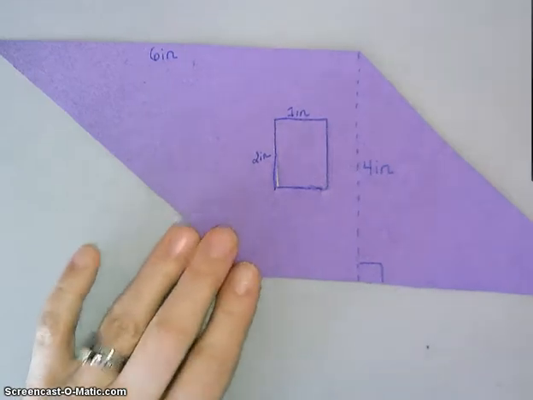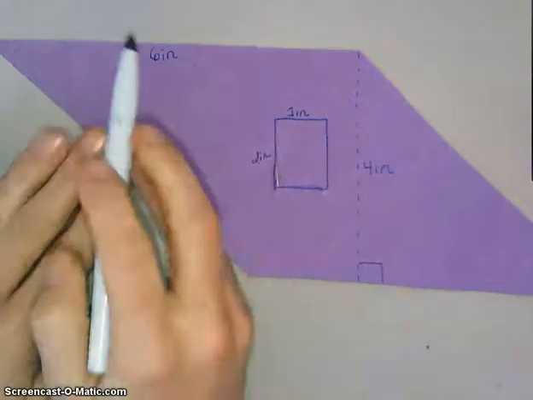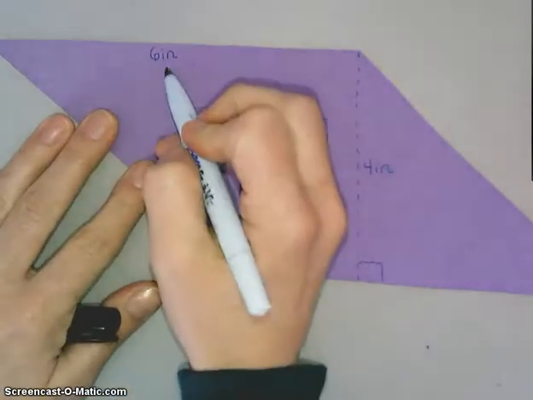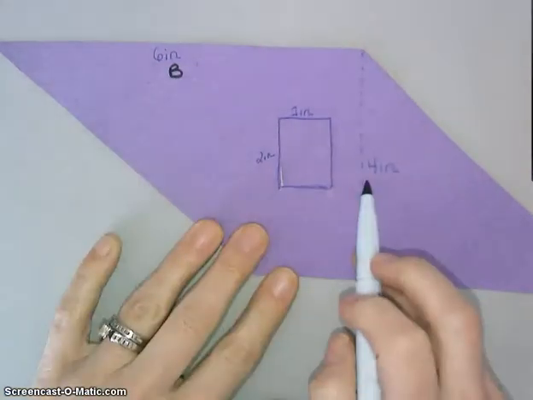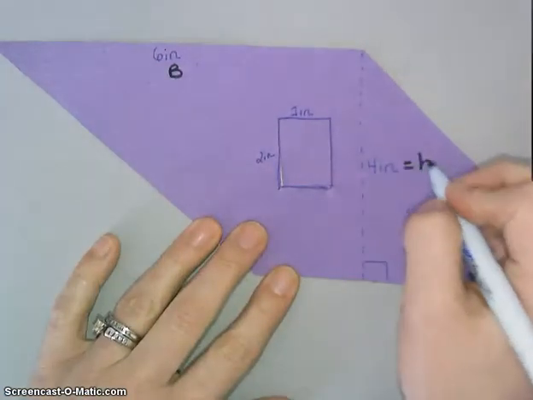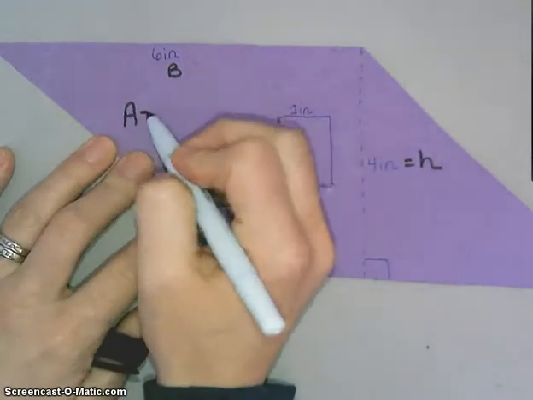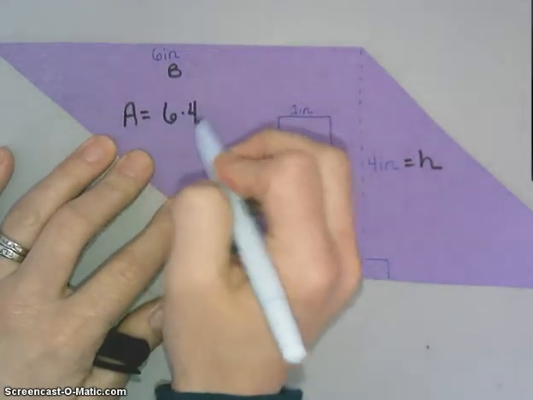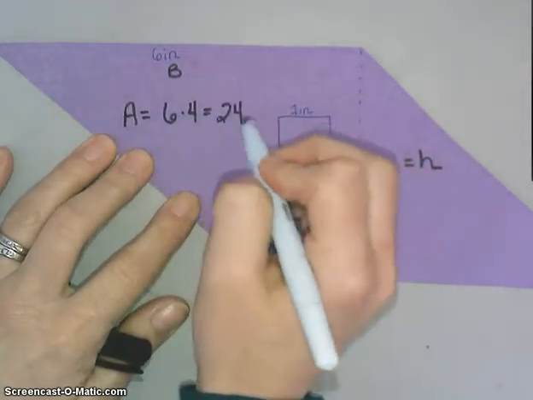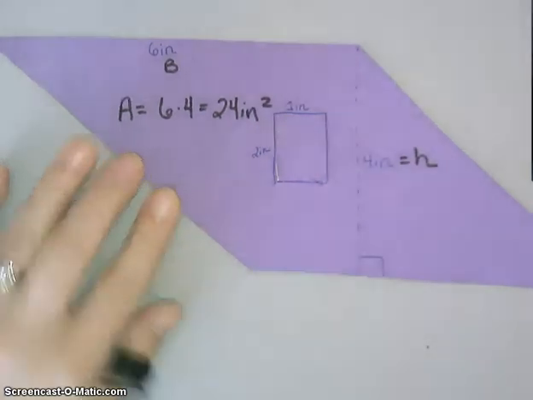If I look at my base and my height, my 6 inches is my base, and this 4 inches is my height. So the area of the entire thing is 6 times 4, or 24 inches squared. That's the area of everything.